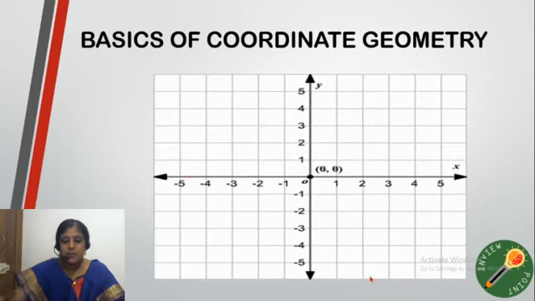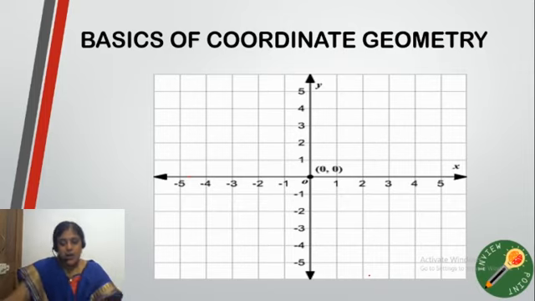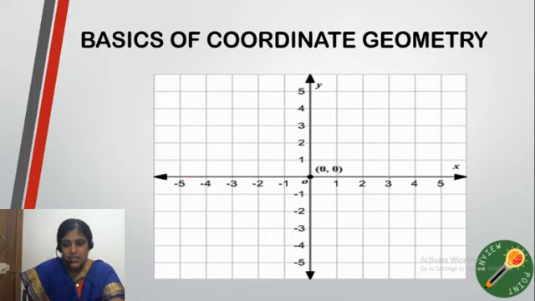So students, before we discuss how to represent a line in the xy plane, let's go through the basics of coordinate geometry. See here, this line is the x axis, and this line is the y axis. This x and y axis meet at a point O called the origin, and this origin is represented by the point 0, 0.